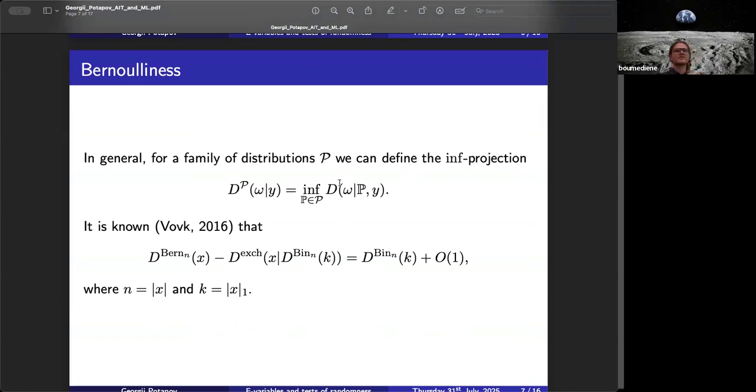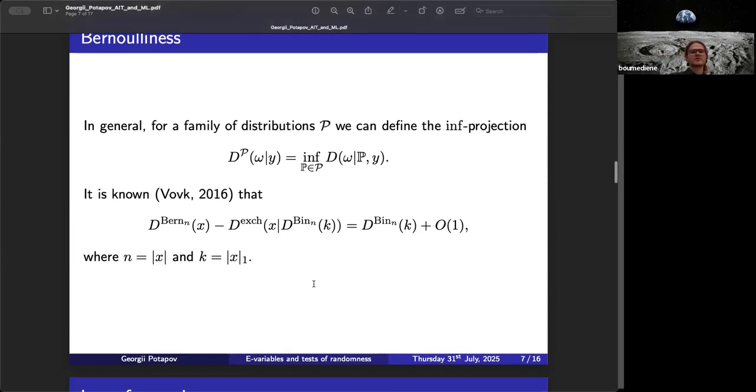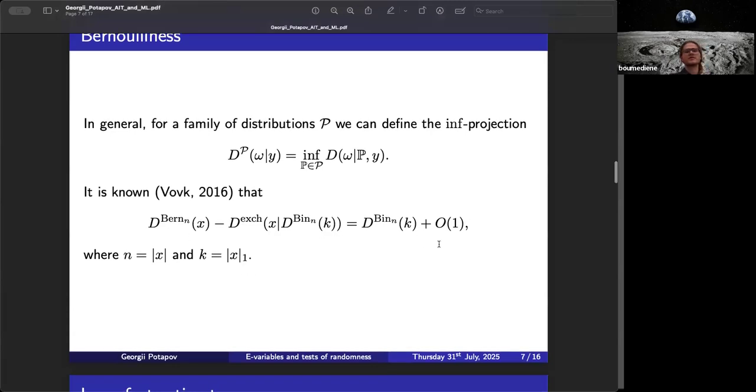So if randomness deficiency tells us how unlikely it is to obtain the data from a distribution, then information projection tells us how unlikely it is to obtain this data from any distribution of this kind.